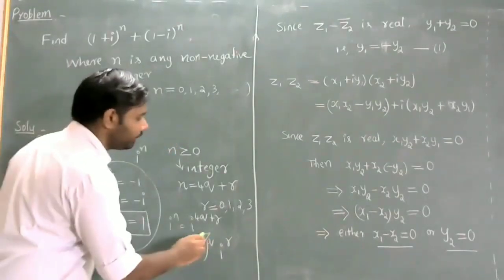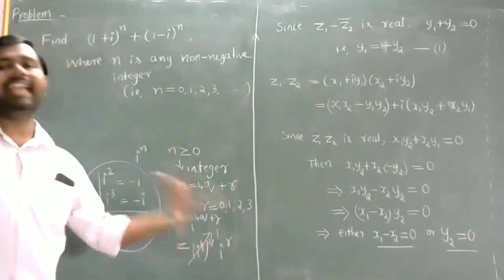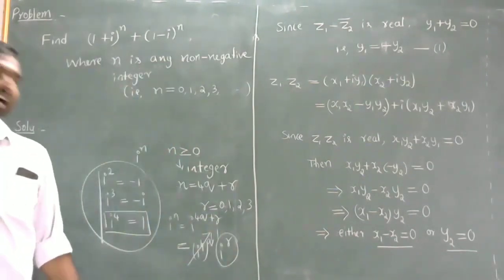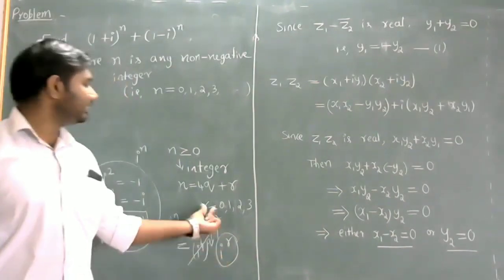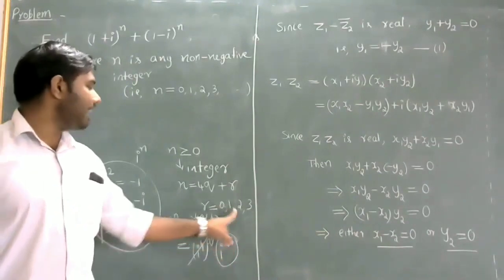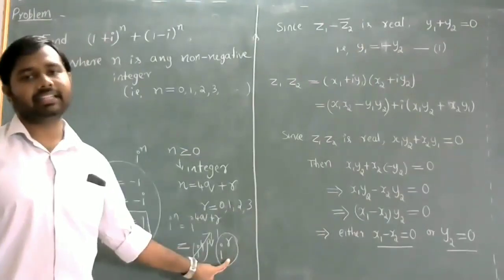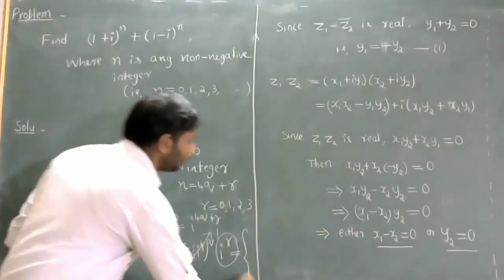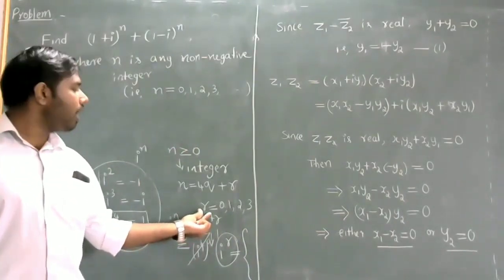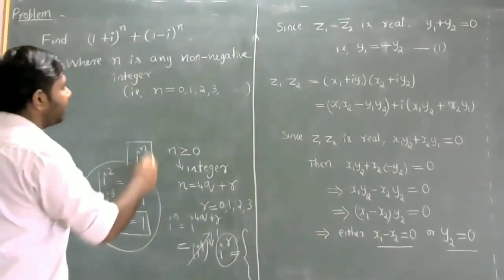You need not worry about the first value, it is always 1, because i power 4 is 1, and 1 to any power is 1 itself. So you just have to worry about i power r, and it is very easy to calculate, as r has only 4 possibilities. If r is 0, it is 1; if r is 1, it is i; if r is 2, it is minus 1; and if r is 3, it is minus i. So i power n has only 4 possibilities based on the remainder got by dividing n by 4.